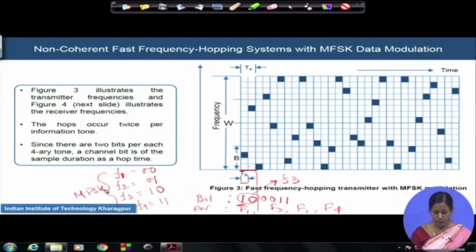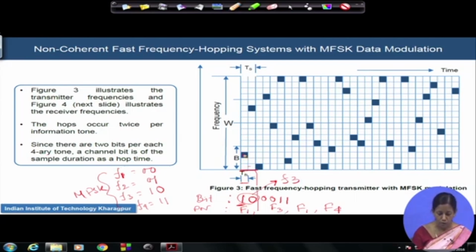So, first 1 0 came, so I chose tone number 3, but within tone number 3 I have to hop from where to where? I have to hop from channel number 1 to channel number 3. For every 1 symbol there are 2 hops, so for 1 beat I can be in 1 channel.